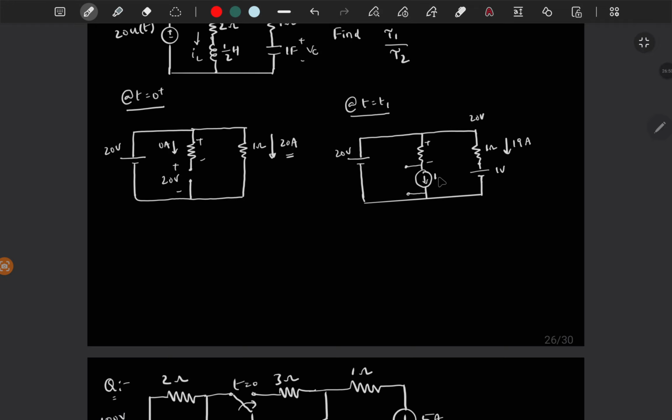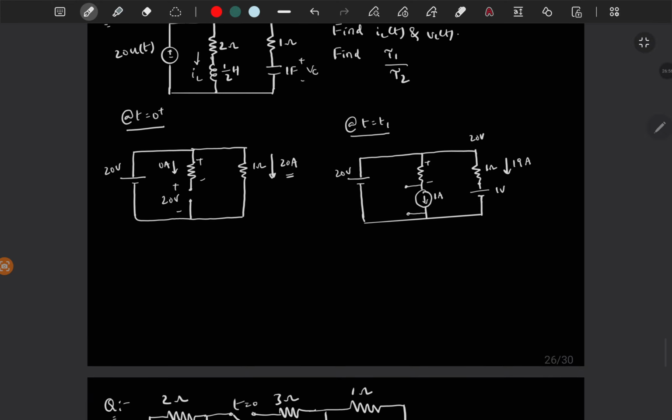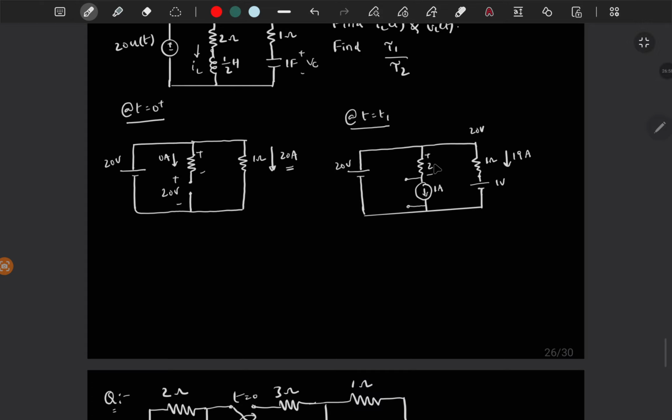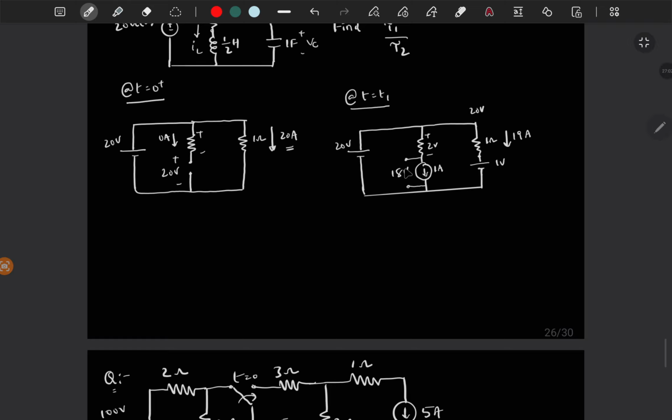So if you take it is 1 amp, then this is 2 ohms, so you will get 2 volt drop, then you will get 18 volt here. So this 18 volt is less compared to the previous 20 volt, so still it is positive. So the inductor will keep on charging, but the charging rate will be less compared to the previous one.